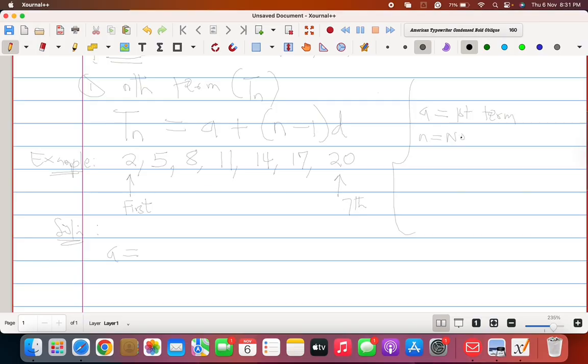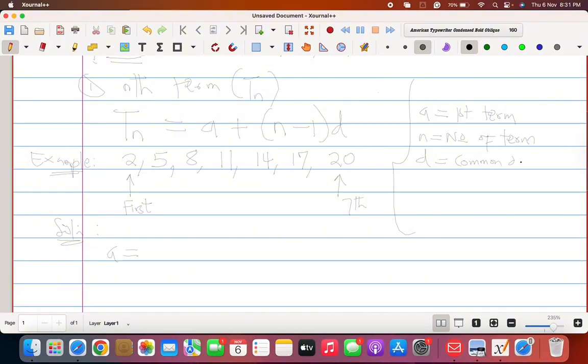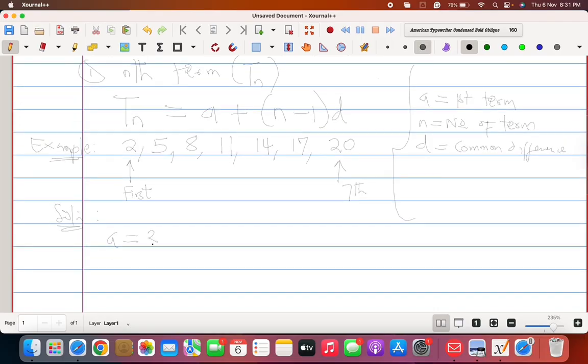Now n is the number of the term in question here, and D is the common difference. We want to see if it's going to give us 20. For this particular question, my A is 2 and my n, we want to solve for the seventh term to see if it's going to correspond to the 20 that we have here.